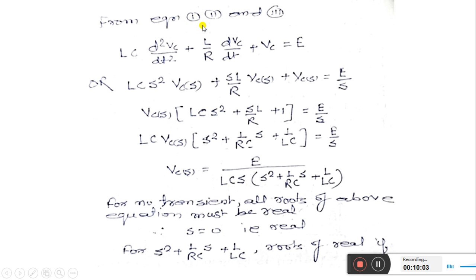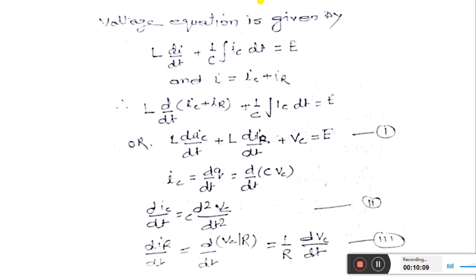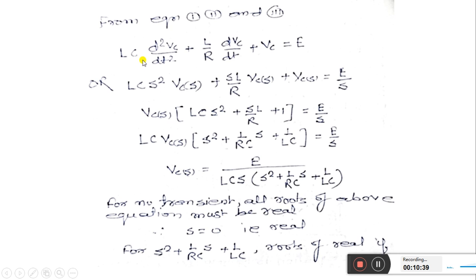From equations 1, 2 and 3, if we replace these values in the equation L dIC/dt plus L dIR/dt plus Vc equals E, the equation will become LC d2Vc/dt2 plus L/R dVc/dt plus Vc equals E.